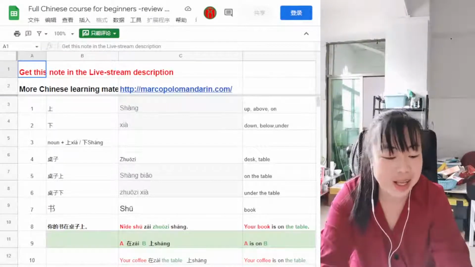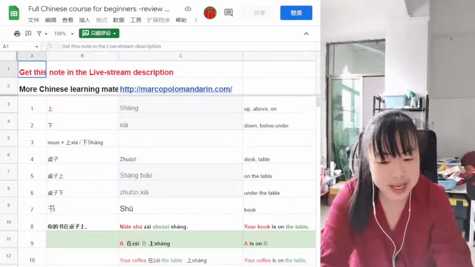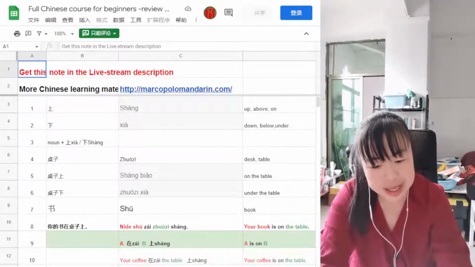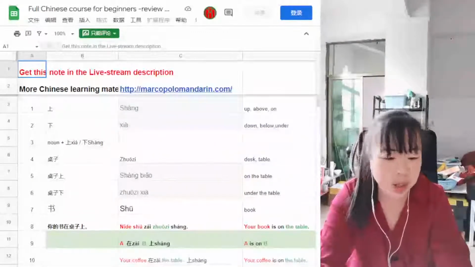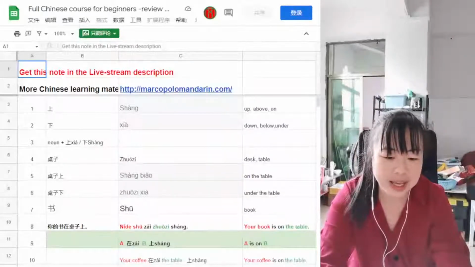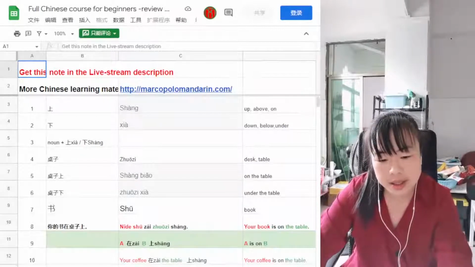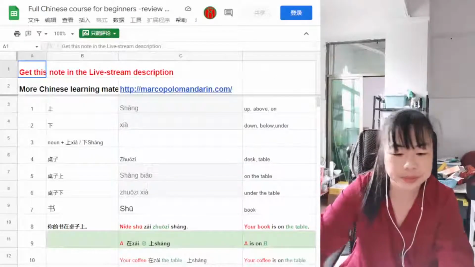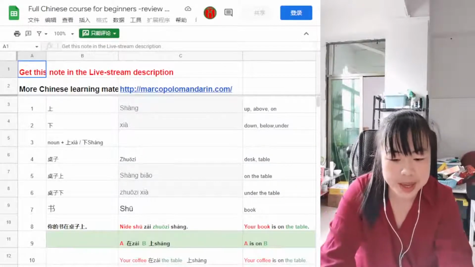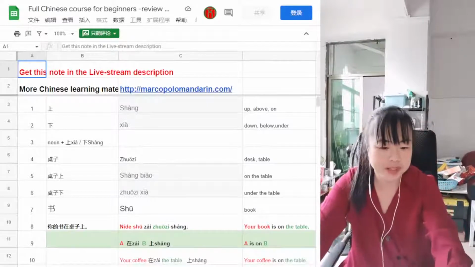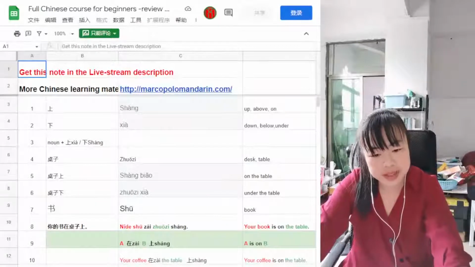And then keep the 在 and then the restaurant, 饭店, and then 里, or we can also say 桌子在饭店的 which is optional, 里边. So both of these two sentences are correct.